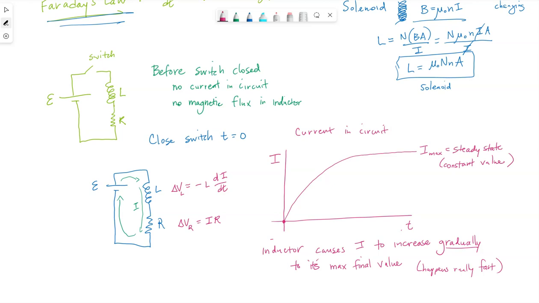Now, if we think of our inductor, it's always opposing a change in current. Well, the di/dt portion is the slope of this graph. So initially, the slope is steep. The slope is steepest right when we close the switch. As time goes on, this slope gets shallower and shallower until eventually the slope is 0.